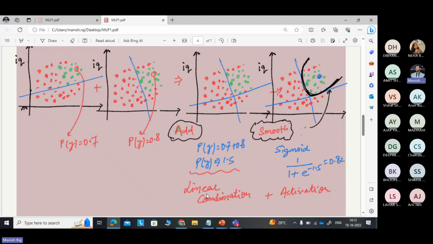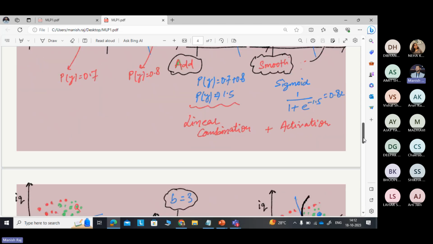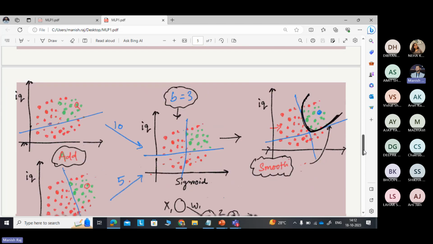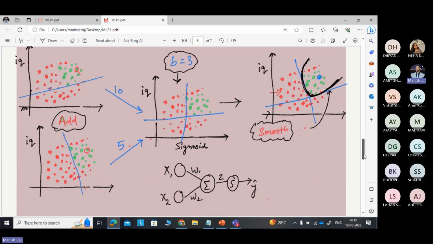Every time, I am taking the linear combination, plus I am doing the activation part. Clear? Okay, so on the basis of that, this is the answer. Now, I will come to the complex structure, but before that, try to understand what is happening.